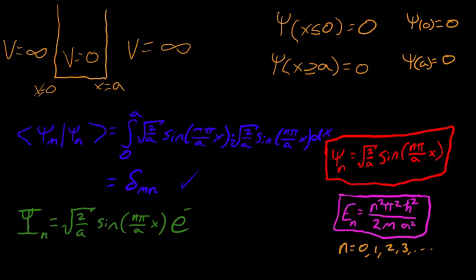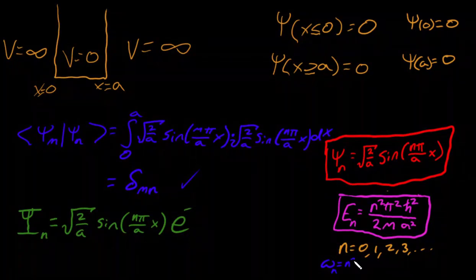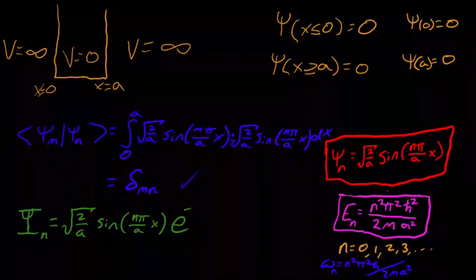over h bar. If we just divide this by h bar, we can figure out what omega is. Omega n is n squared pi squared h bar, not h bar squared because we divided by h bar, over 2 m a squared. So plug that into our formula.